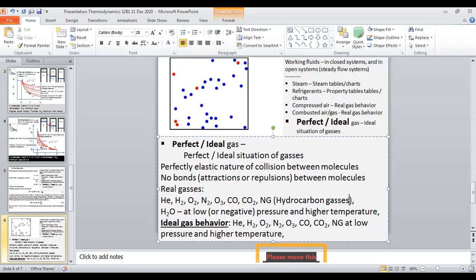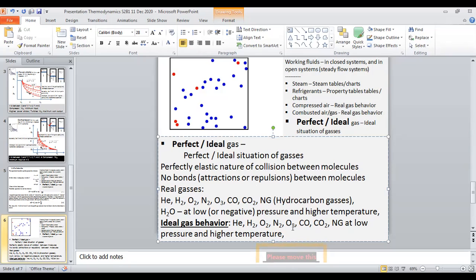Gases like methane, ethane, propane, butane, the lighter ones. Even pentane is not in the gases. Even petrol is pentane.